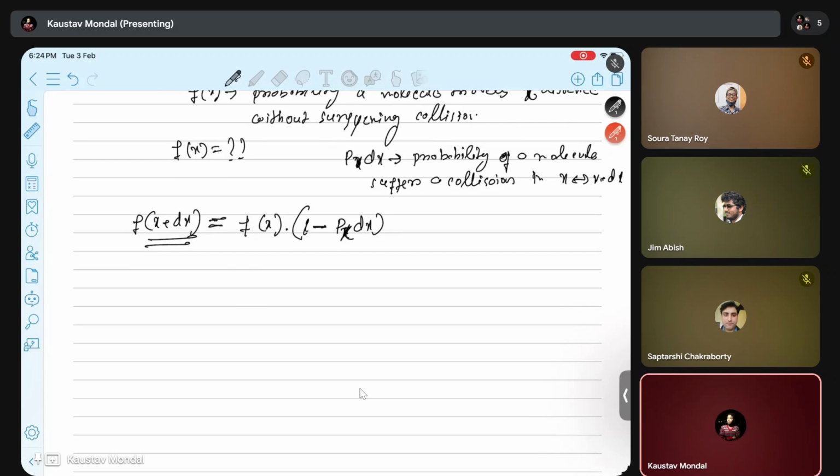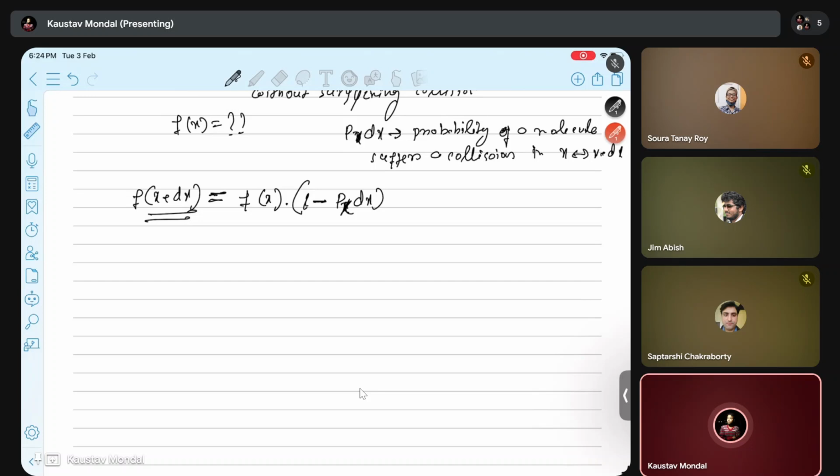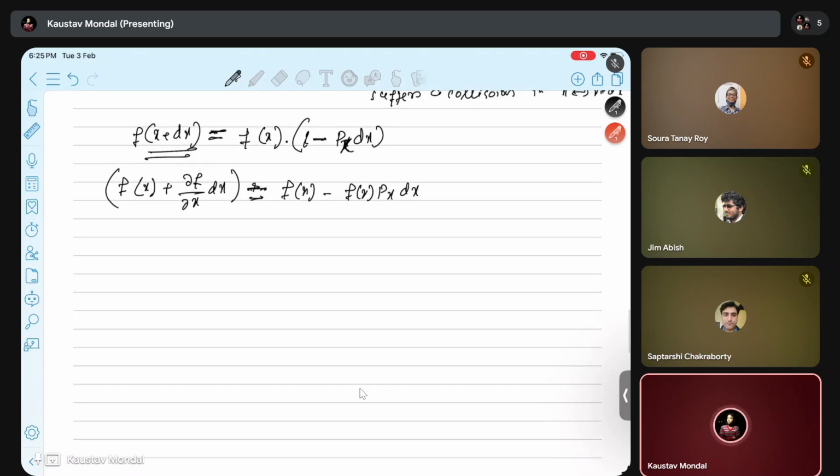You can expand this function to first order approximation, df/dx dx, just like you do in Taylor series, up to first order. And here also you can write f(x) minus f(x)P(x)dx. By comparing the coefficient of dx, you can write df/dx equal to minus P(x)f(x).